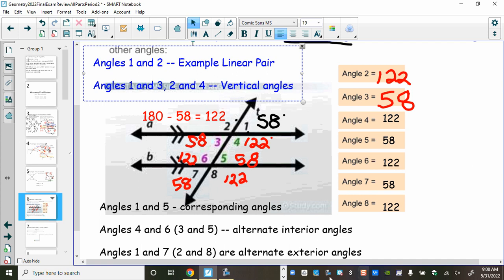Consecutive interiors, that's another one. Angles 4 and 5 are consecutive interiors. Three and 6, same thing, consecutive interiors, so you could add that to the mix.